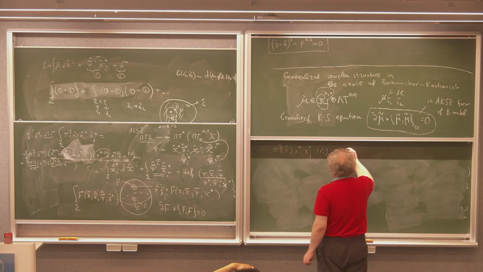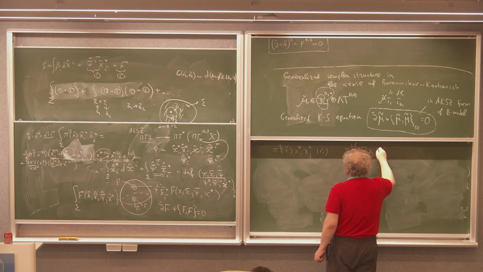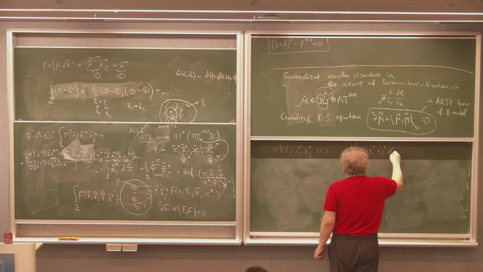Suppose I have another field, ijkl, at point sigma 2.